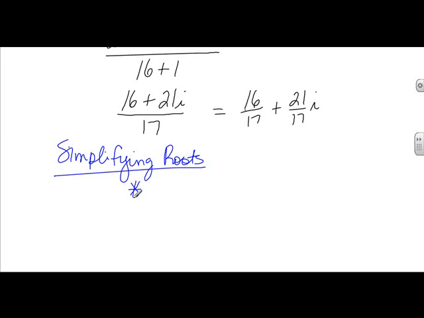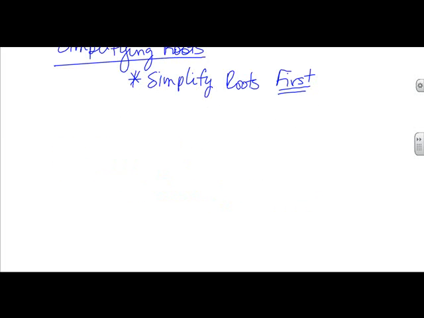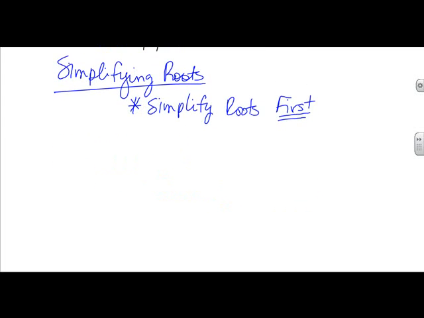The thing to keep in mind is that you want to simplify each root first. Before you think about adding like terms or combining like terms, simplify the roots first. I'm going to make a big deal of that because it's not always what you think of to do first. But it's the only way that you're going to get the correct answer in the end.